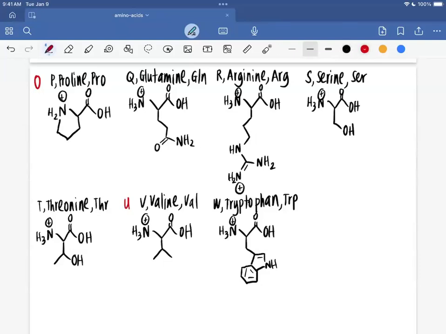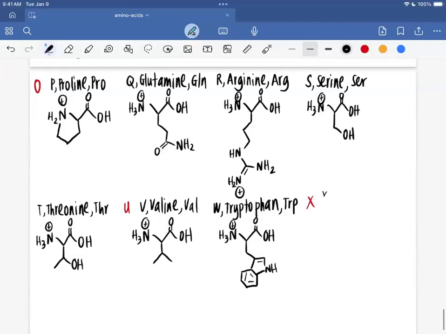X does not correspond to a naturally occurring amino acid, but Y does. Y is for tyrosine, or TYR. We have the amino group, alpha carbon and carboxylic acid as our backbone.